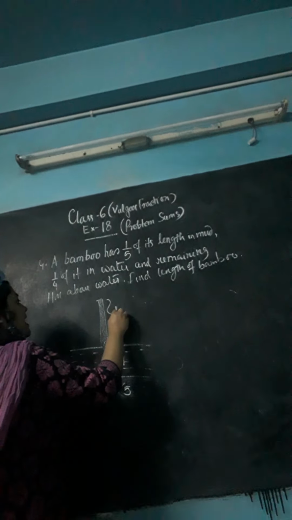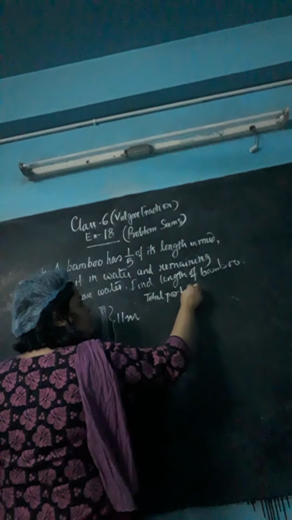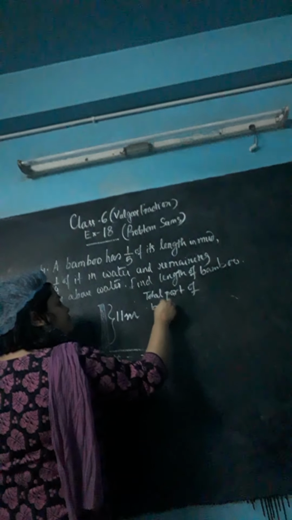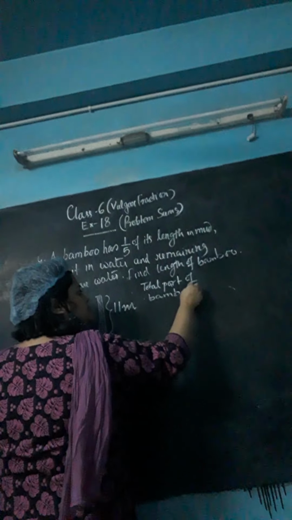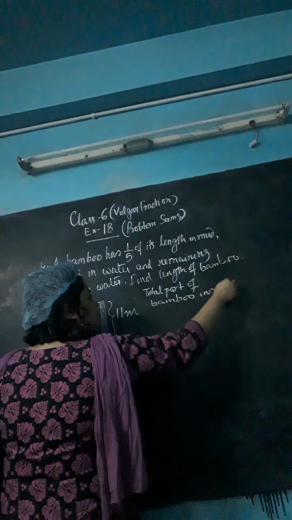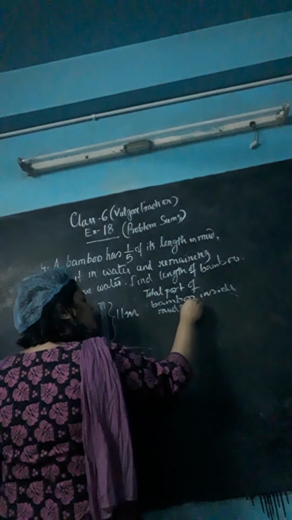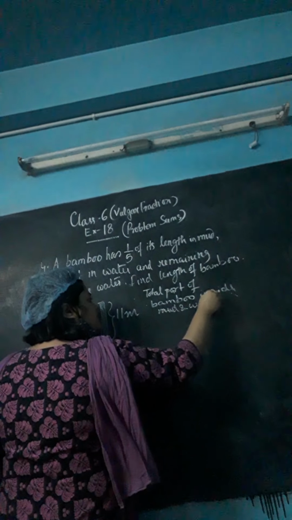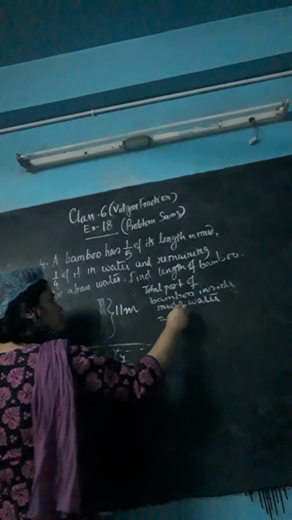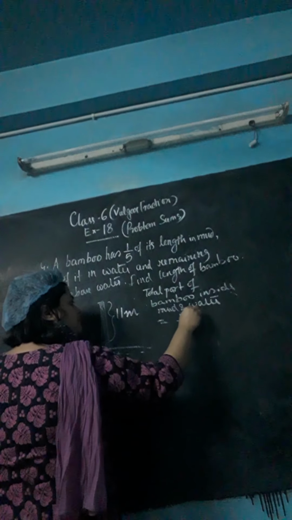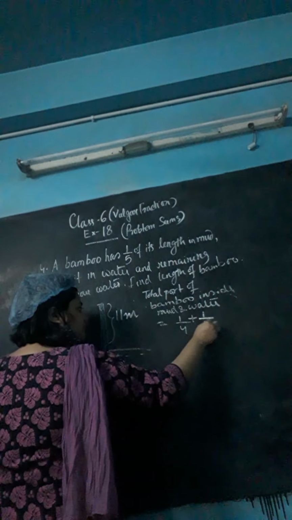So what is the total portion which is under mud and water? So the total part of the bamboo inside mud and water is equal to 1/4 plus 1/5.